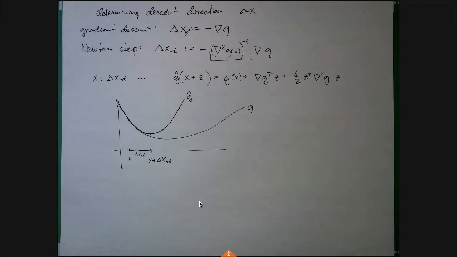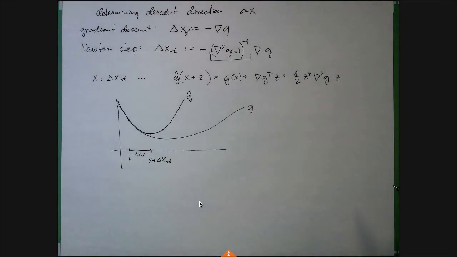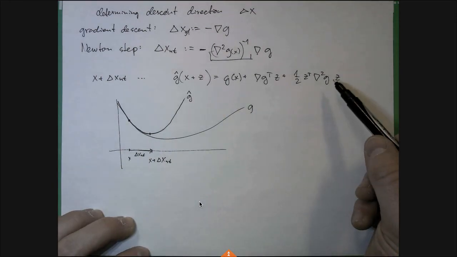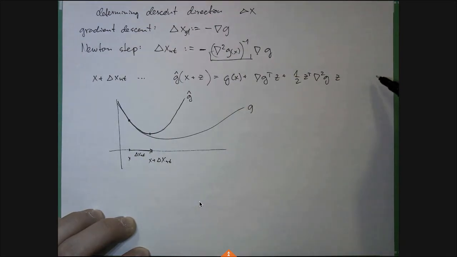Why the inverse? Think about this, right? What you would need to do. If you want to minimize this, then you take the gradient of this and set it to 0.